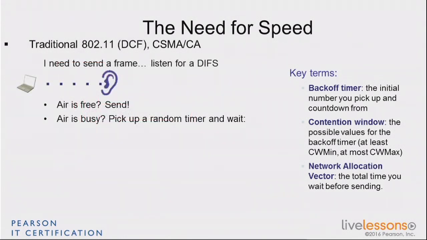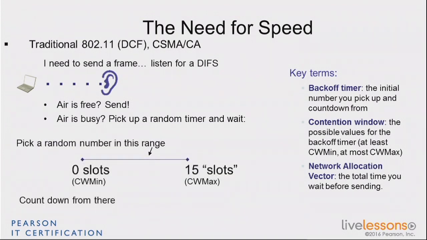Okay, so remember, you listen for DIFS. If the air is free for the entire DIFS, you're going to pick a random number. Anytime the air is busy, you probably will have a situation where you have to wait. So at the end of the DIFS, even if the DIFS was a time during which there was silence, you're going to pick a number always, and you're going to wait. And of course, that contention window is going to be a range of numbers determined with slots.